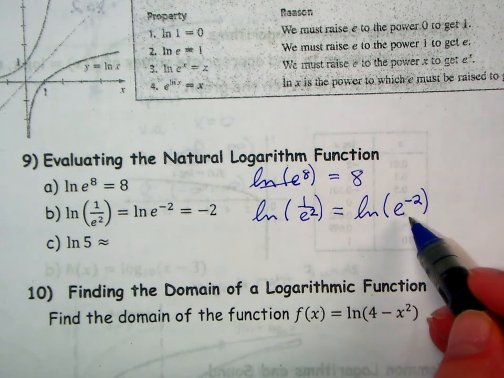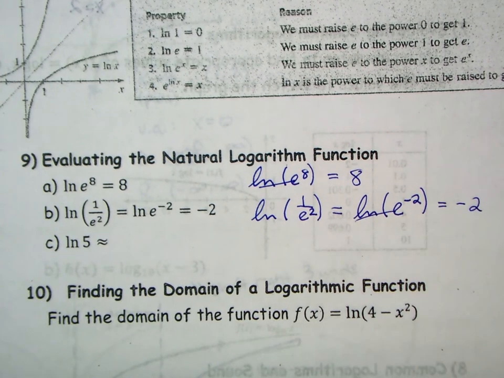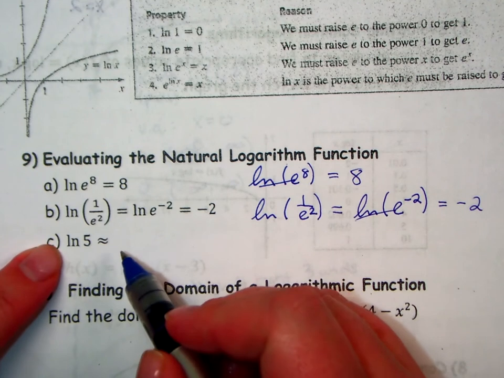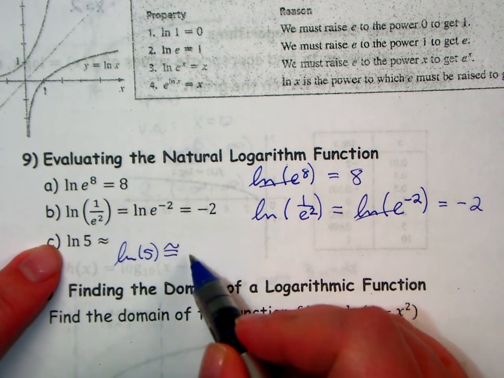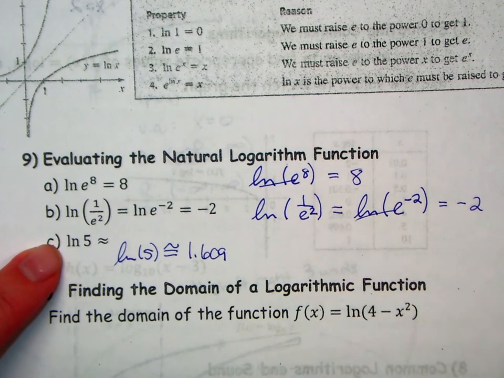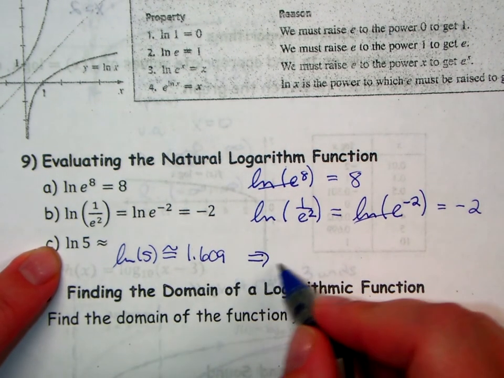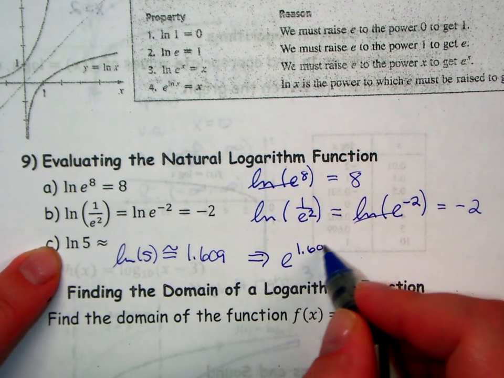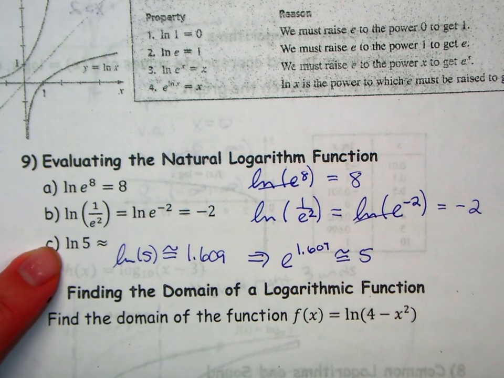Now we can let ln and e cancel and get an answer of negative 2. And then we did this one above: what's ln of 5? Type it into the calculator, 1.609, and so on. That means e to the 1.609 is approximately 5, by the same reasons above.